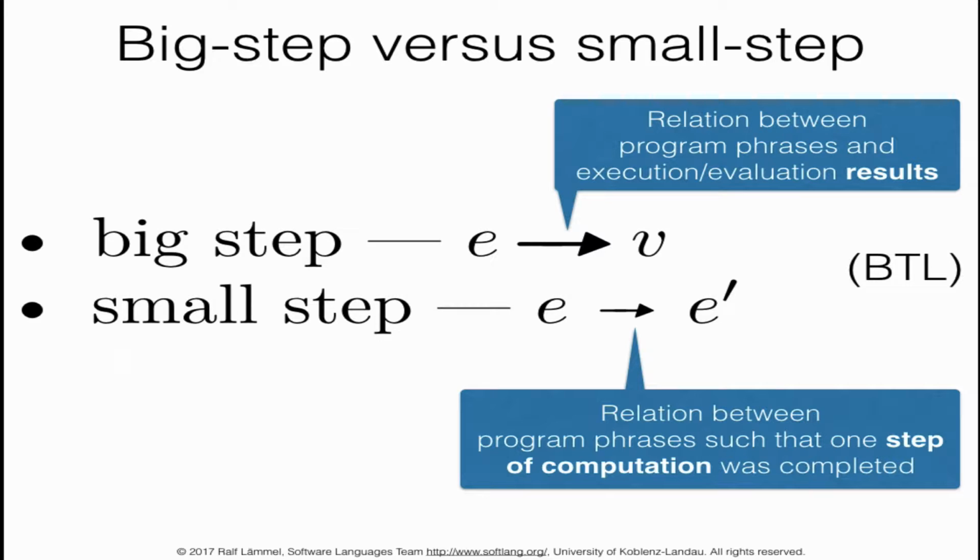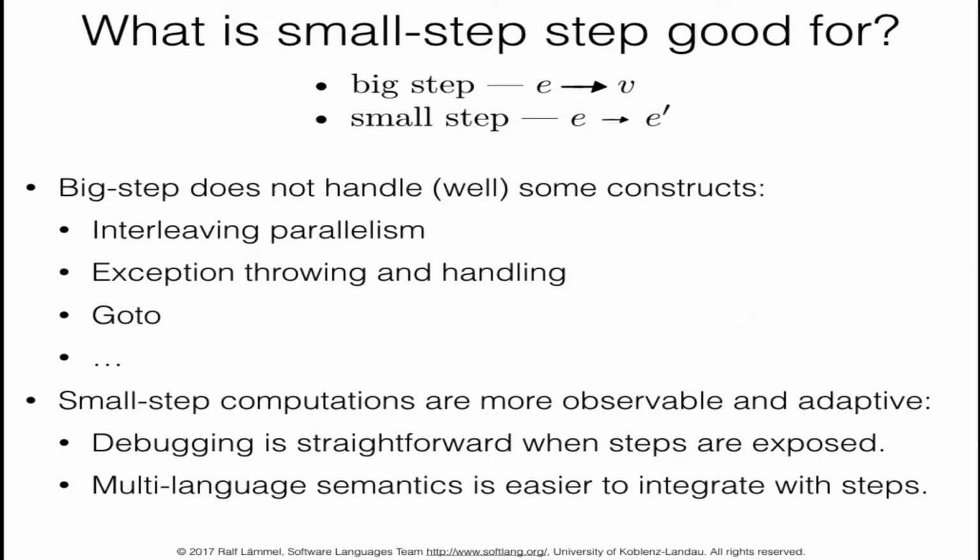So we want to perform one step of computation. So this means in the case of BTL, we relate two expressions. One expression is given and the other expression corresponds to expression where one step of computation has been completed.